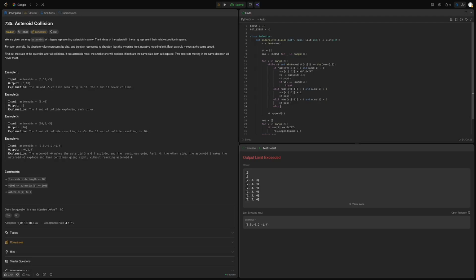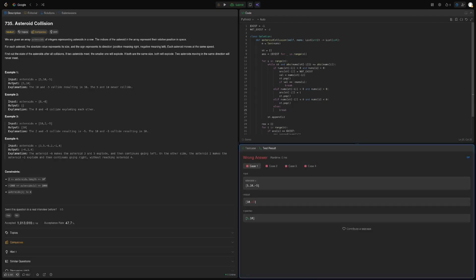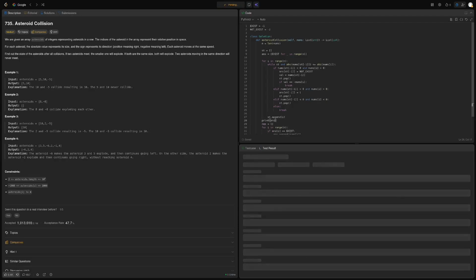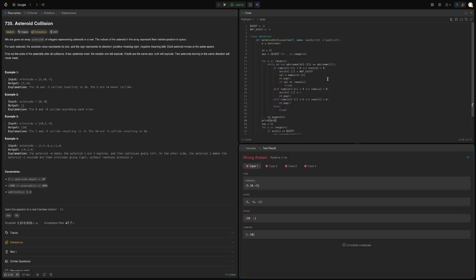If it's larger and going the opposite direction. Well, just break, why not? Print ans.